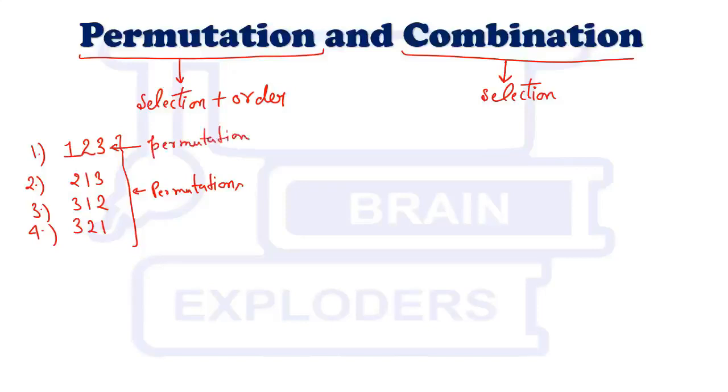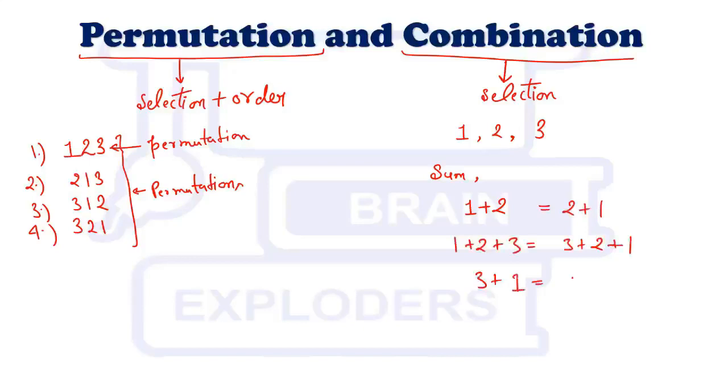Now in the case of selection, order doesn't matter. Suppose we have 3 numbers 1, 2 and 3, and this time we have to find the sum of any 2 or 3 or whatever. So 1 plus 2 is equal to 2 plus 1, or 1 plus 2 plus 3 is equal to 3 plus 2 plus 1, and 3 plus 1 is equal to 1 plus 3, etc. So you can see that order doesn't matter.